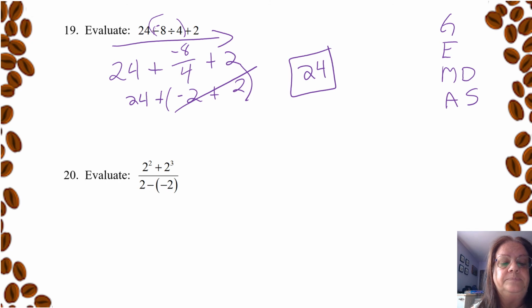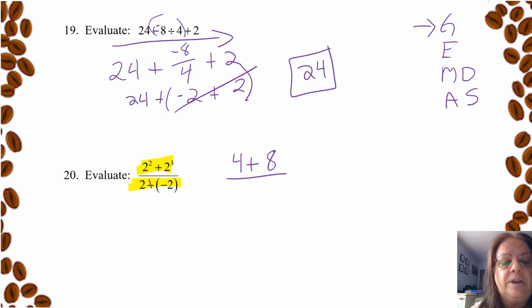For number 20, we have to do GEMDAS again, which means the grouping means that I have to do my numerator and my denominator before I can do the division between them. That's what grouping does. Okay, so the exponents means I have to do those first. 2 squared is 4, and 2 cubed is 8.